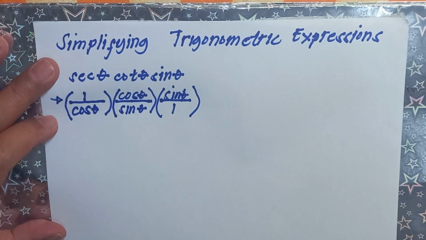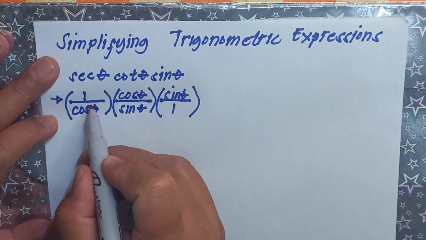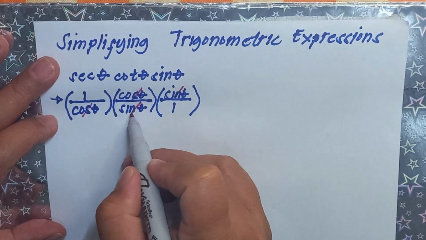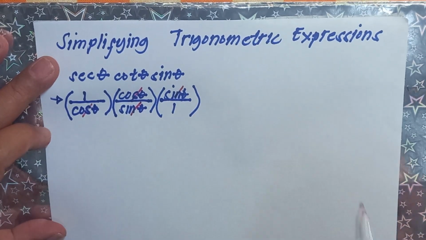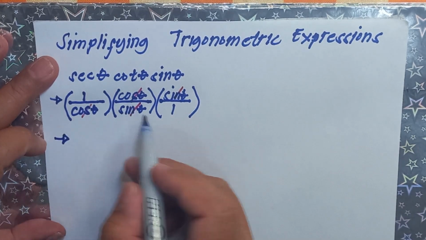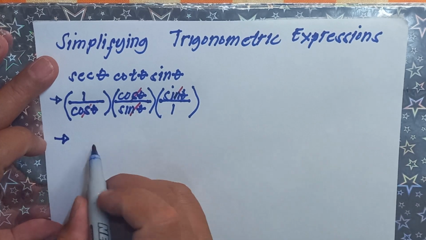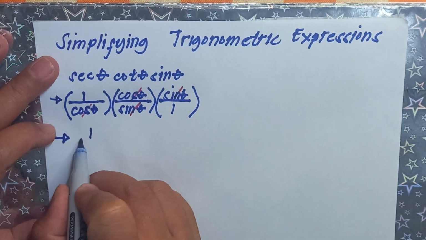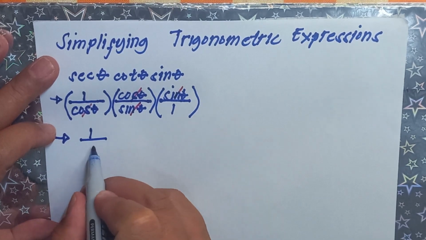Now, if you try to evaluate the expression and convert its form, the cosine will cancel out. The sine will cancel out. And so what is left now? What is left is 1 multiplied by 1, so 1 over 1, what is left is 1.